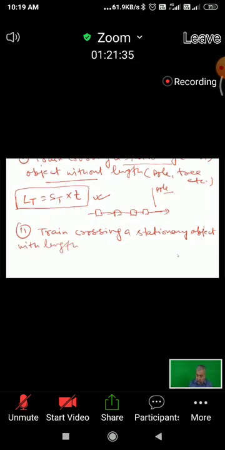Object with length means a bridge, platform, fort, or anything like this. So train crossing a stationary object. Stationary object means at rest.